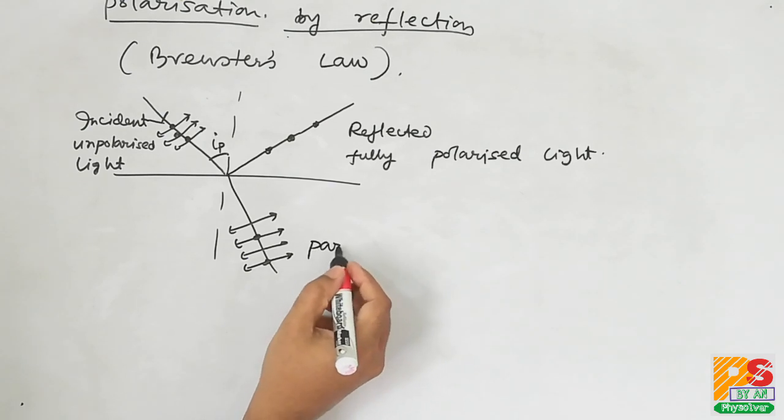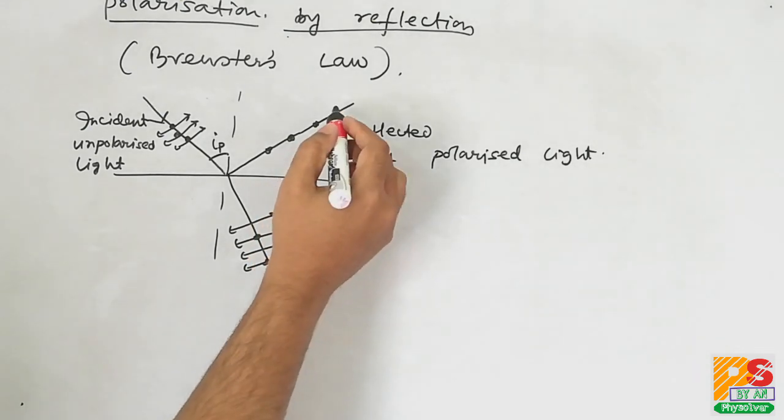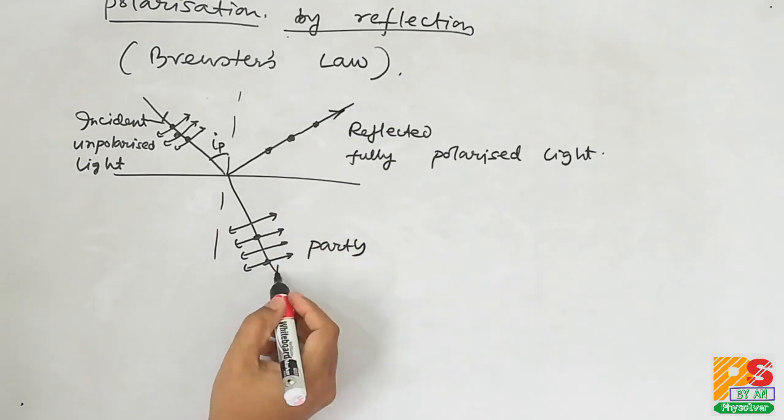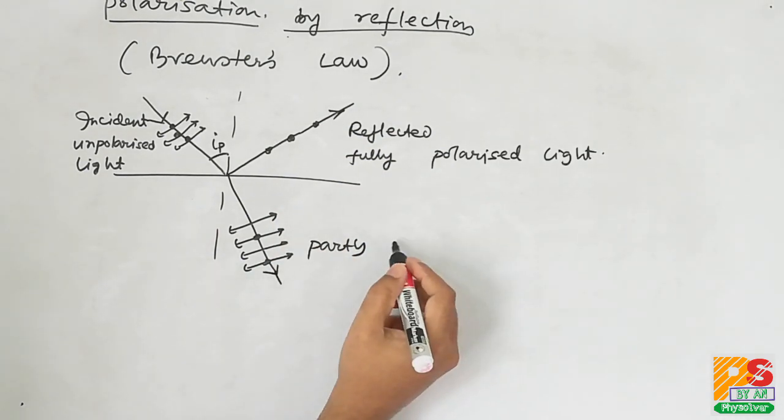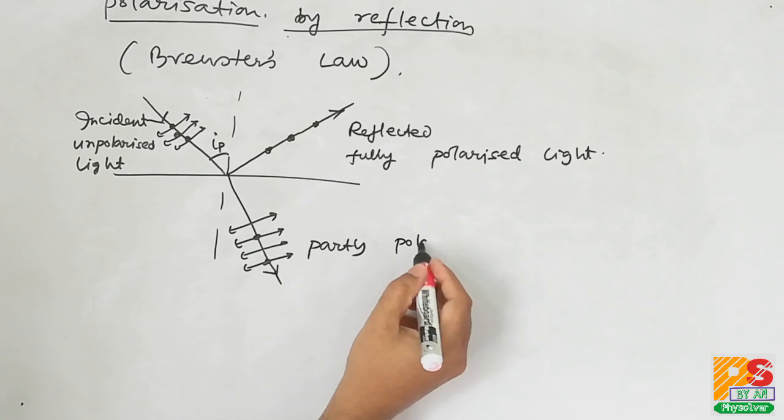See, you have a mixture of simple lines and lines with dots. So this is partly polarized refracted light.